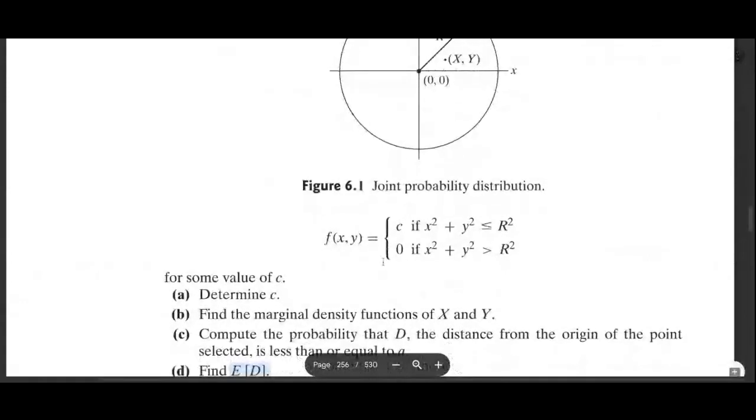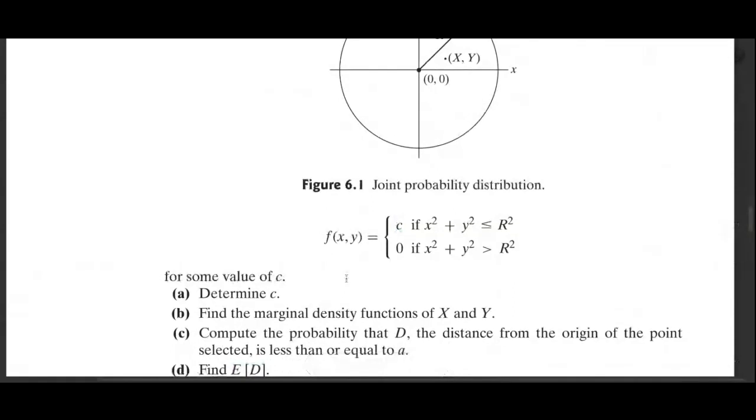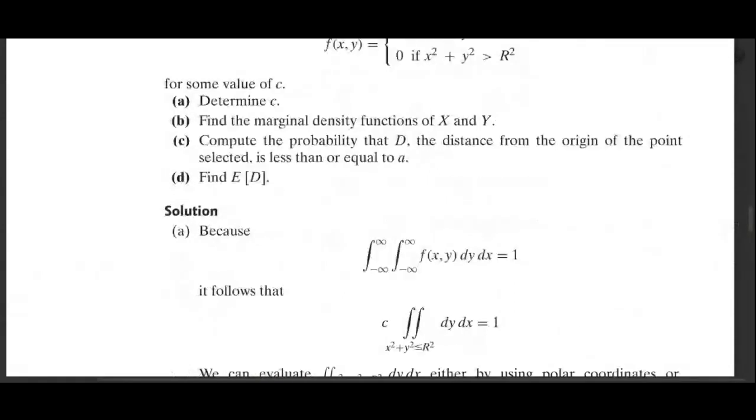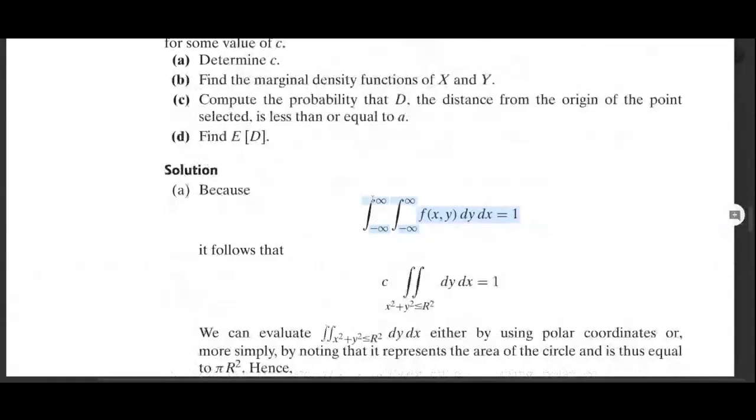Okay, so now we want to determine this c. We know that for any density function for probability, the integral has to equal 1. So c multiplied by this, over the circle, equals 1. What does this mean?